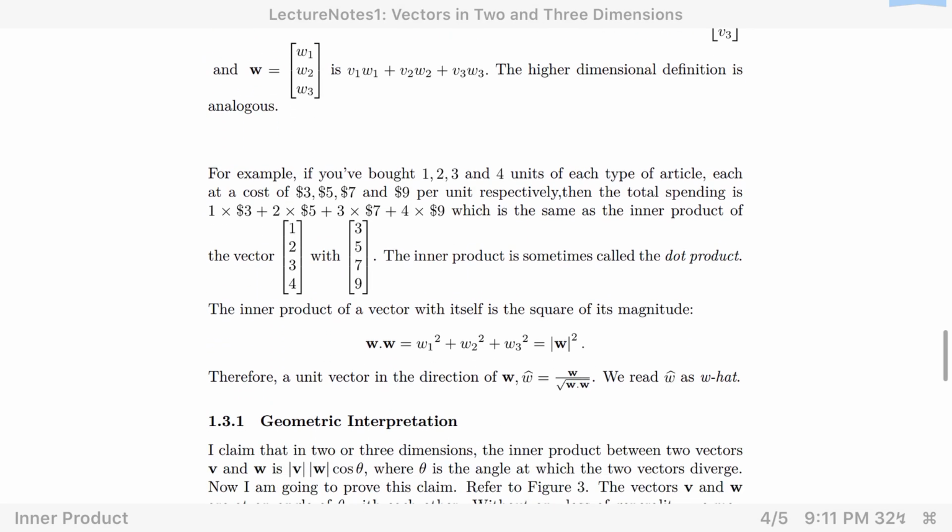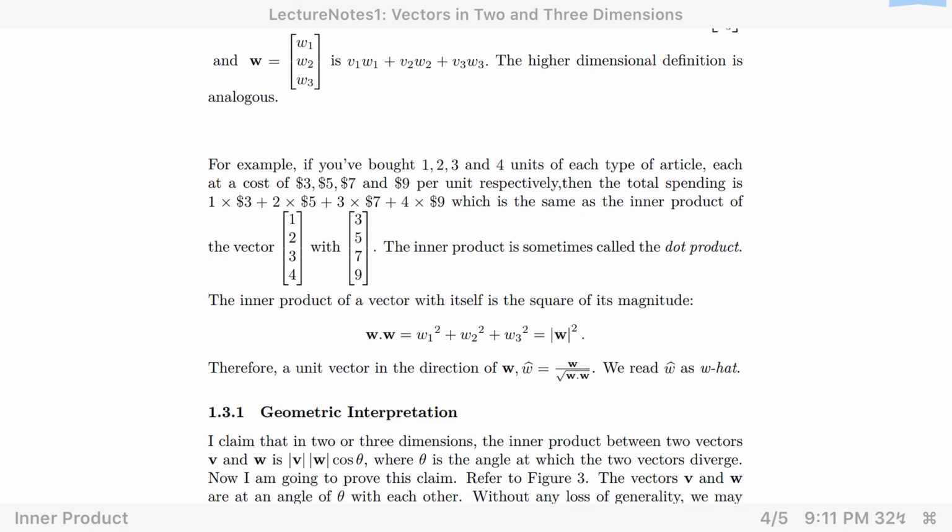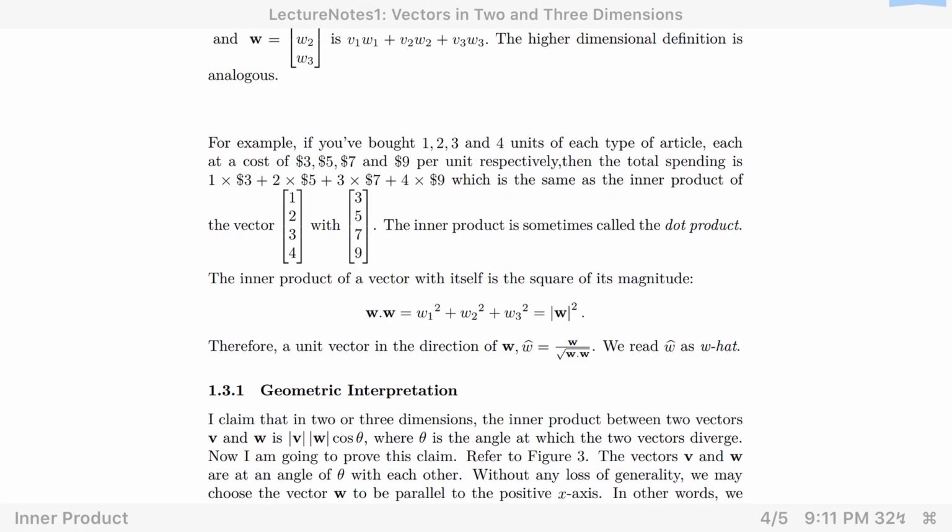Right. So, one example of the inner product is as follows. For example, if you've bought 4 different articles: 1 unit of an article that costs $3, 2 units of an article that costs $5 each, 3 units of an article that costs $7 each, and 4 units of an article that costs $9 each, right?